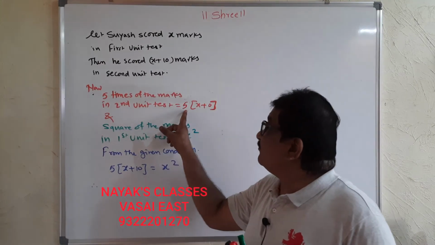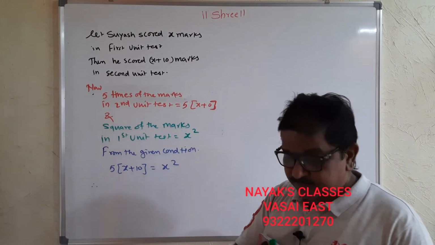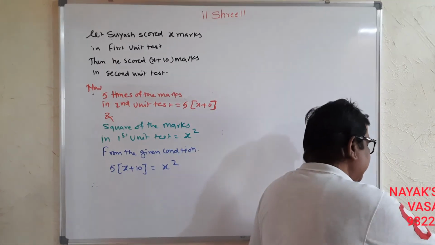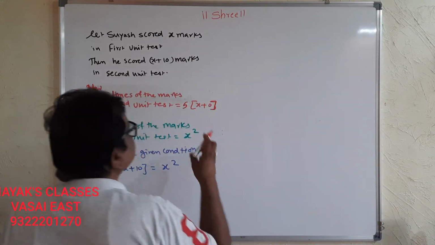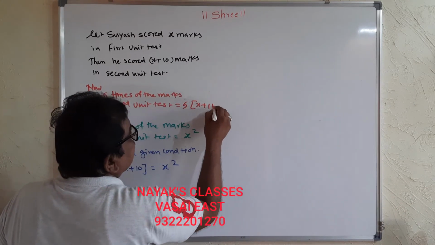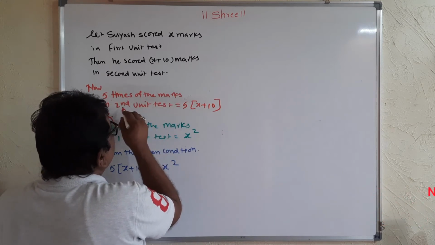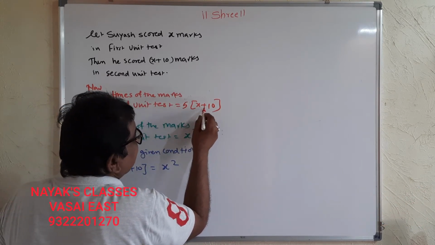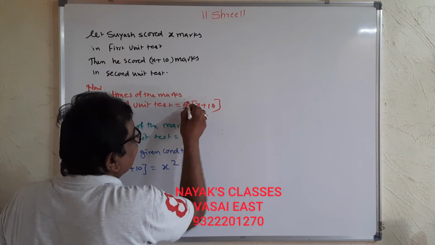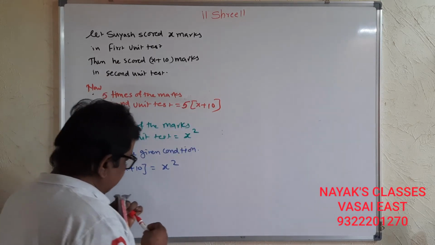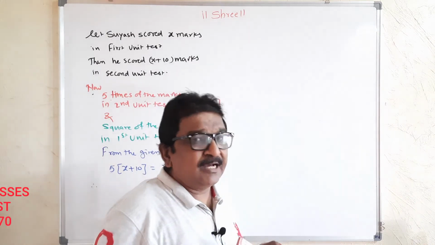So 5 into x plus 10. These are the marks scored in second unit test, and we have multiplied by 5. So this is the first half.